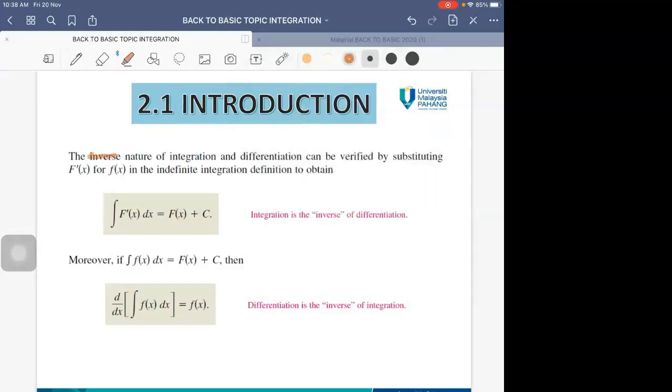You can see here the words inverse of differentiation. If you differentiate, you have the solution of your differentiation. If you integrate that solution, you get back your original function. So it's a reverse process, as I note here.